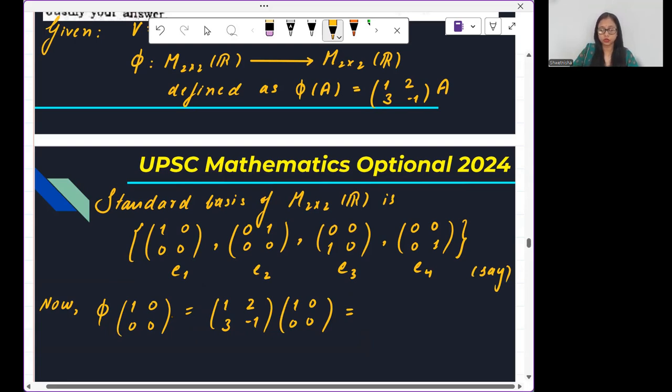So this is equals to, multiply. This is going to be 1, 0, 3, 0.